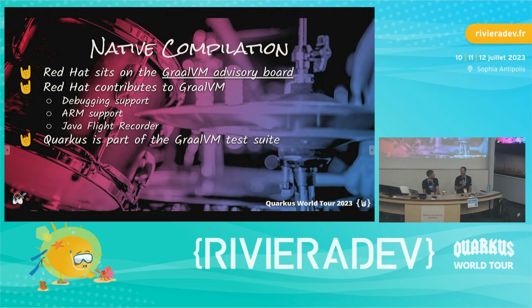Well, GraalVM on its own is more than just for Java. It's like a polyglot compiler to compile to native image. So what we did with Quarkus is we took the parts that we really only care about for Java and created a downstream distribution that we then contribute back to GraalVM to make it work for Java and improve the experience for Java.